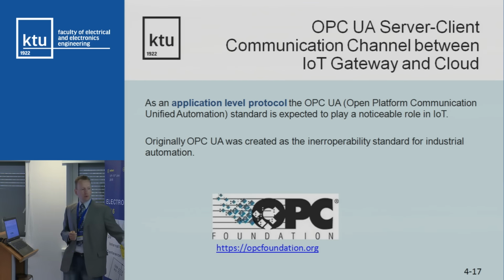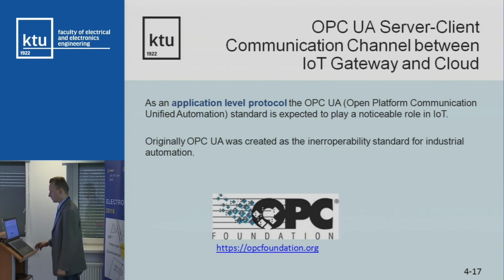The protocol is specified by the OPC Foundation, quite a big industrial consortium of big companies. The description of this protocol is really big, it's hundreds of pages. It's quite complicated but rather sophisticated.